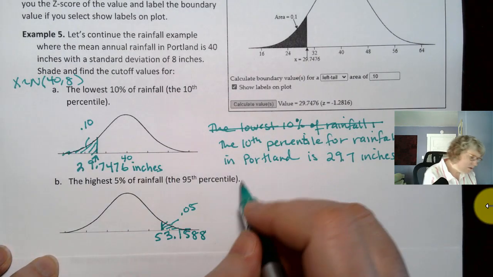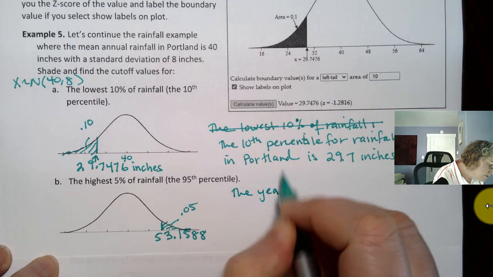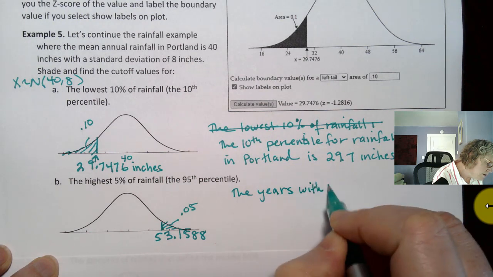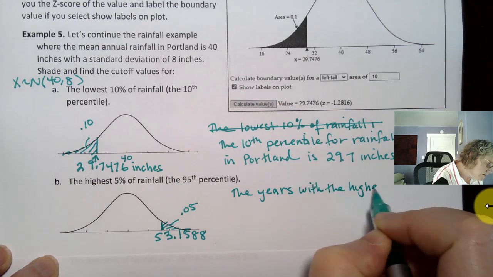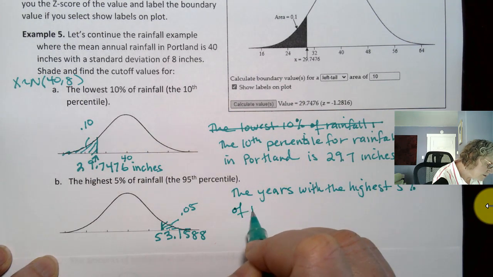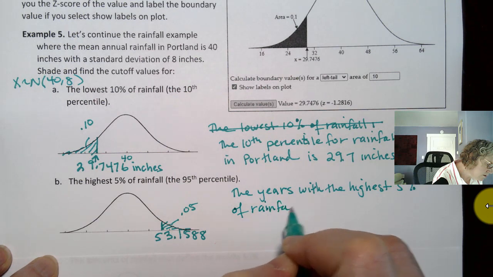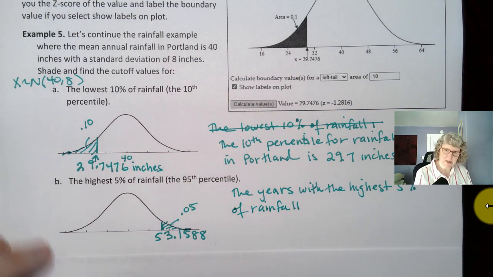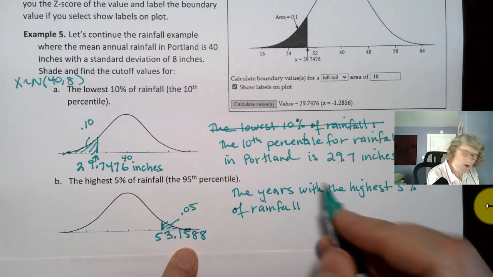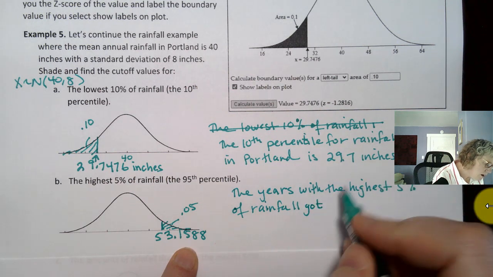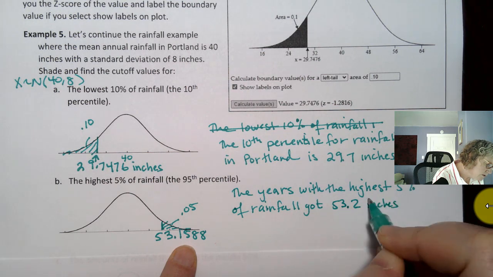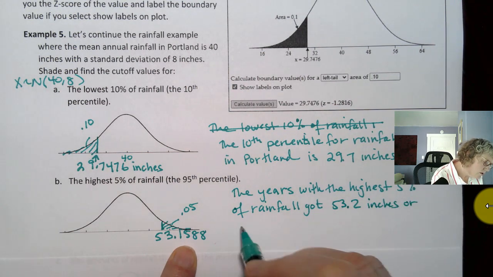Okay, so the highest, the years, let me try to do that one again. The years with the highest 5% of rainfall. I think I was missing the years, which are the cases, and that made it tricky. The years with the highest 5% of rainfall got 53.2, I'm going to round it, inches or more.